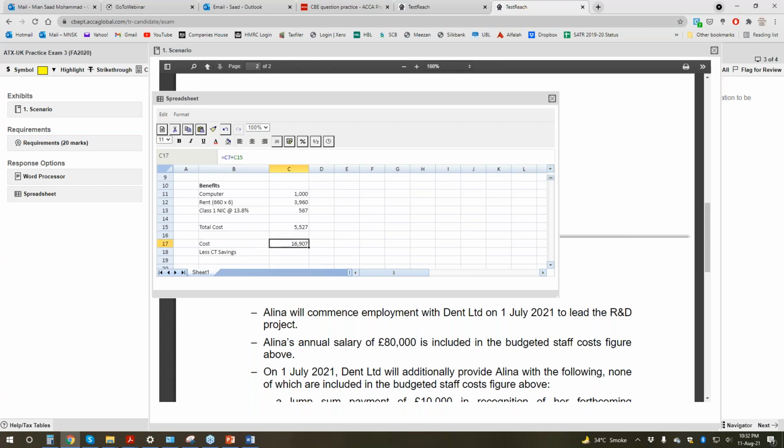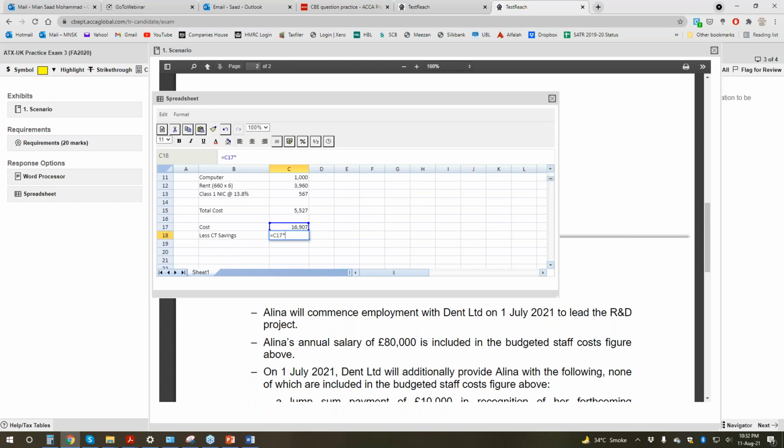That is this benefit of 11,380 here, plus, or what we can do is it's easier to straight away take the tax savings from there.